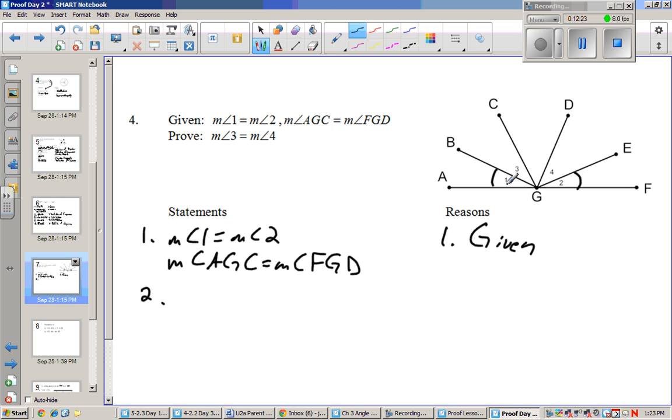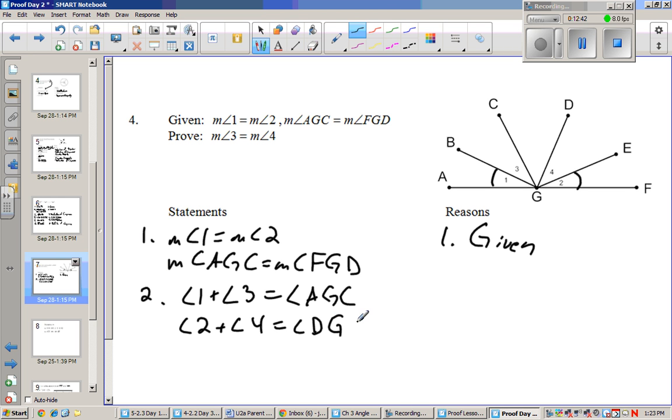So now what I would do is we have to put this big angle in here somewhere and get angle 3 in there. So let's say angle 1 plus angle 3 is equal to the big one, angle AGC. And angle 2 plus angle 4 is equal to the angle DGF.